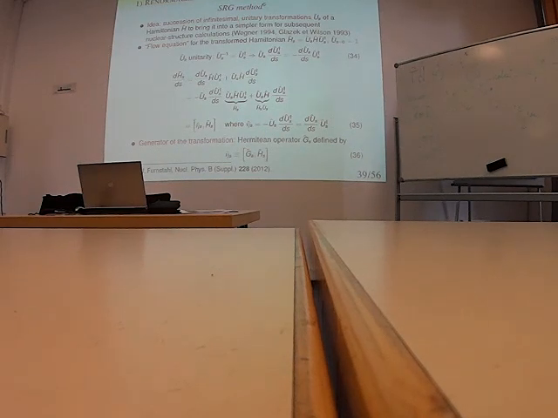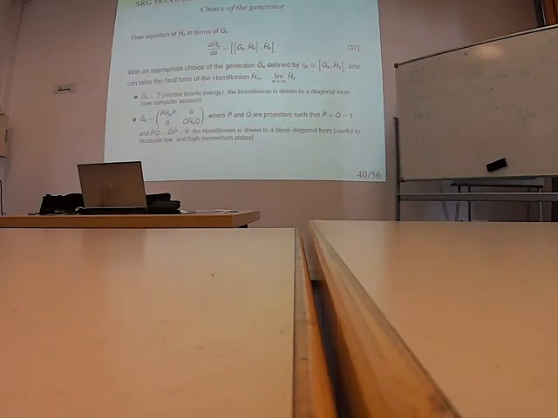So, bottom line is, you can tailor the transformation of your Hamiltonian by choosing this G. And then you solve an ordinary order 1 differential equation for an operator or a matrix, if you choose a basis. So in the basis, then you will have a matrix equation. And this is called the flow equation. So here it is.